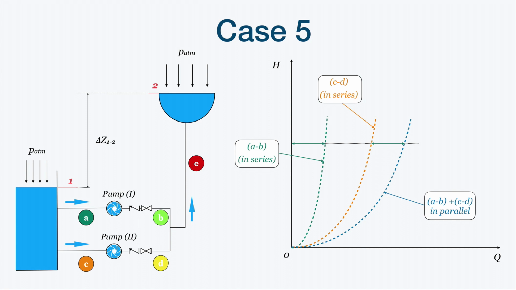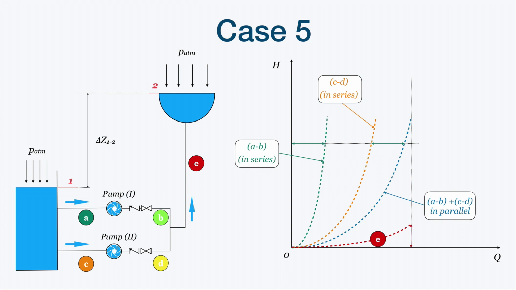What else? We still have to add to this combined curve the system that is in series with them. We have drawn here the head losses curve of system E. Since these systems are in series, we select a fixed value of flow rate.